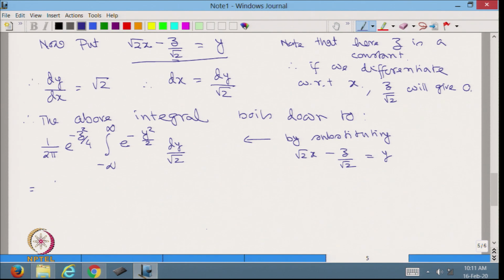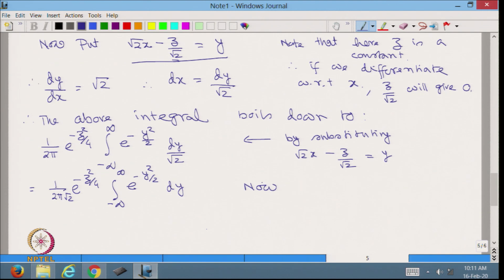This is equal to 1 over 2 pi root 2 e to the power minus z square by 4, the integration from minus infinity to infinity of e to the power minus y square by 2, dy.